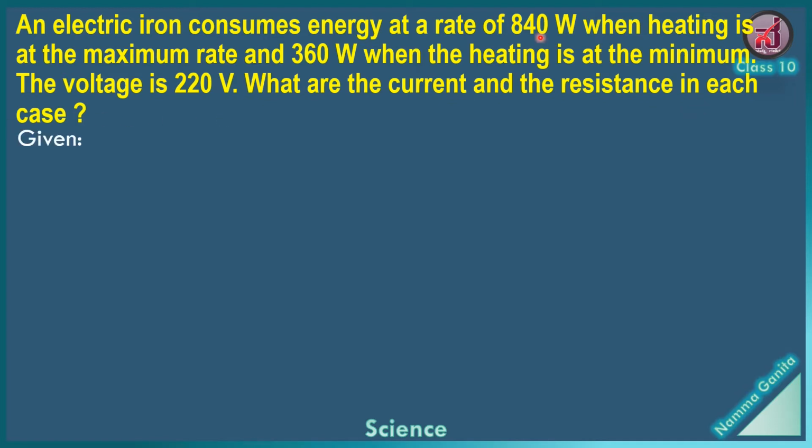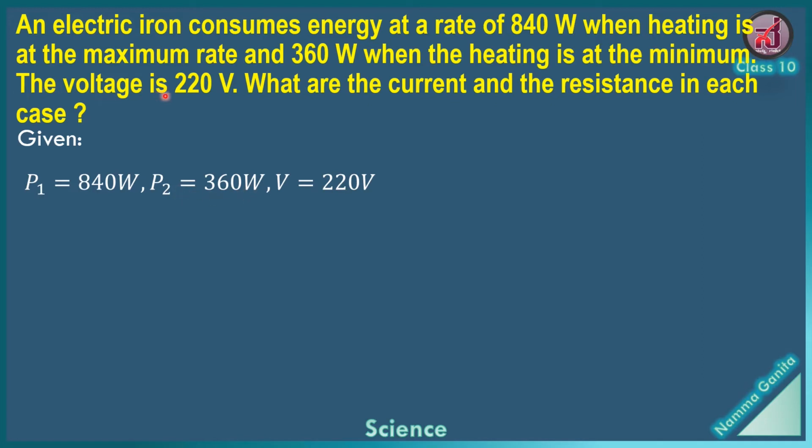Given: P1 is equal to 840 watt when heating is at the maximum rate, and 360 watt when the heating is at the minimum.